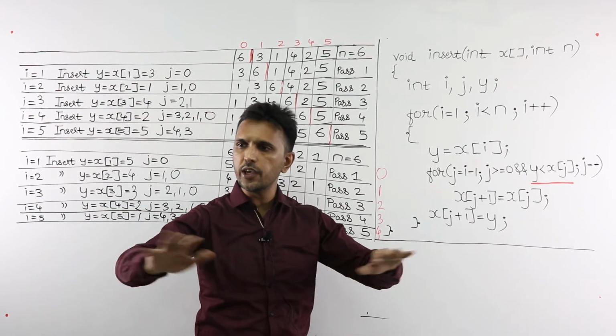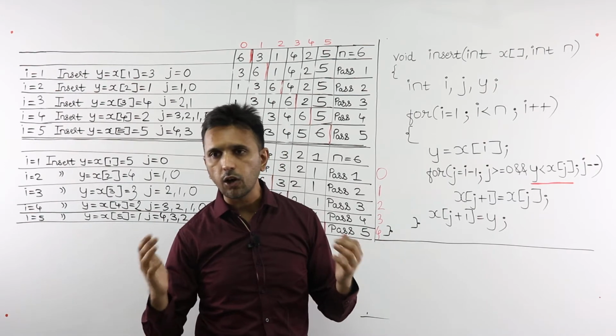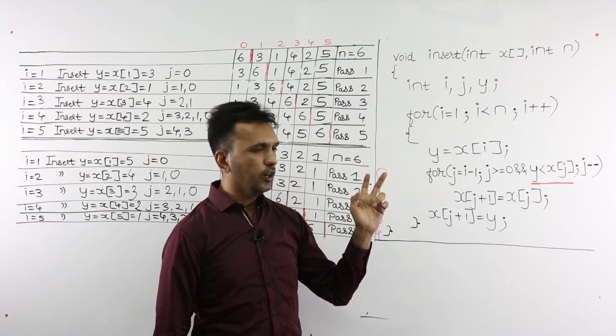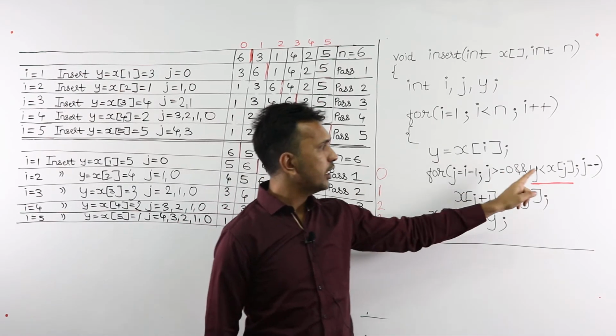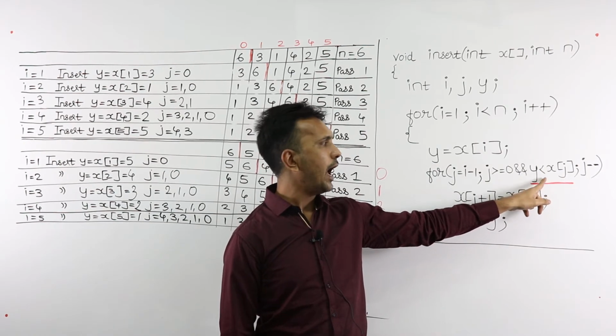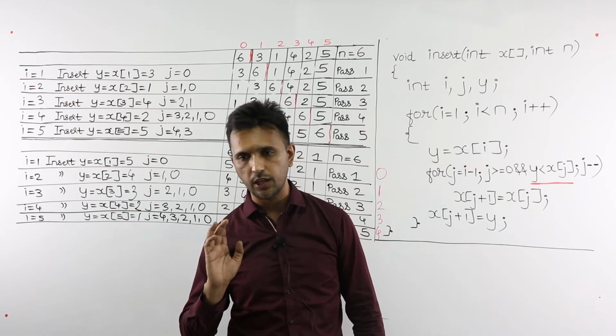That idea is same. Now, the first question is, who is the critical operation? Over here, we will consider this comparison, y less than x of j, as the critical operation.